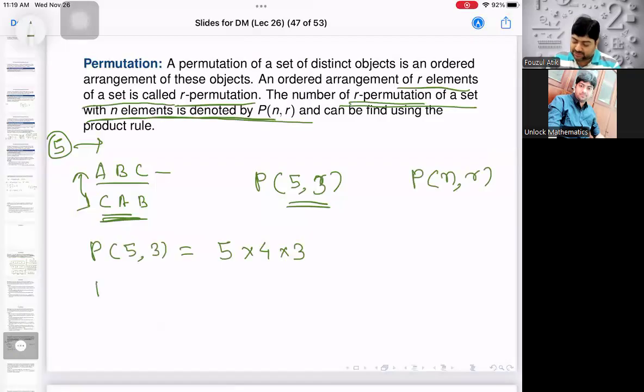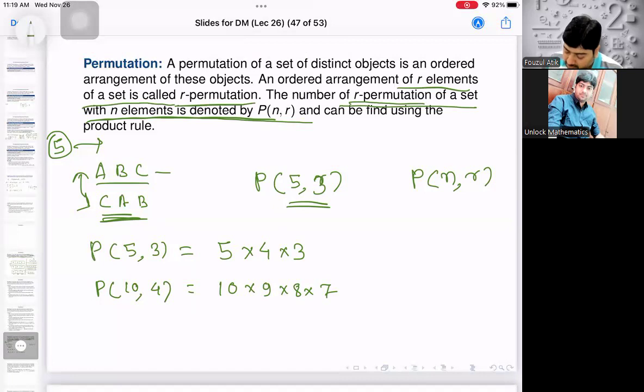In some other case, suppose I have 10 objects available and I want to calculate the 4-permutations among them. How many ways can you do it? For the first position you have 10, second position 9, third position 8, fourth position 7. So this many ways you can do it.